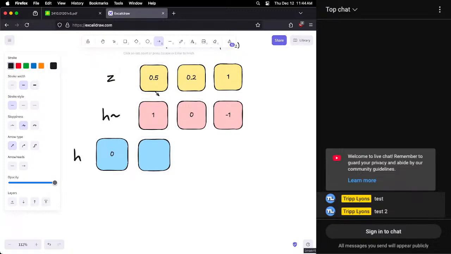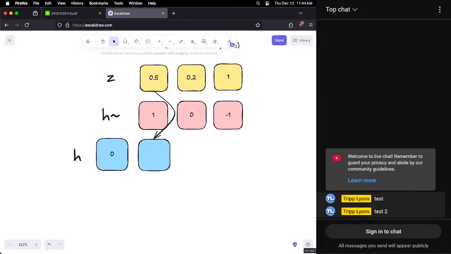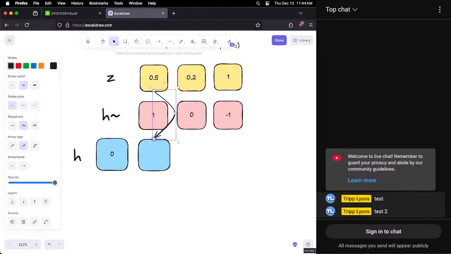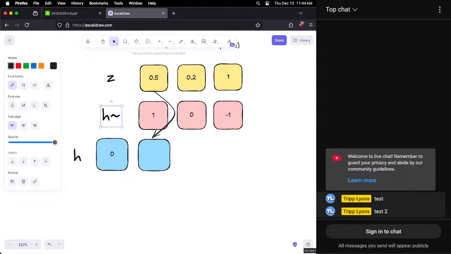How should I write this? It's going to be hard to draw. Okay, so how do I make this arrow curve? There. This is the weighting between H, the previous H, and the current H bar, or H tilde.